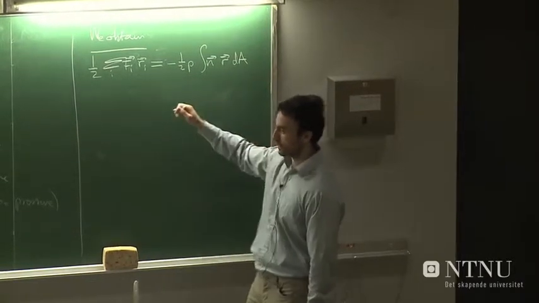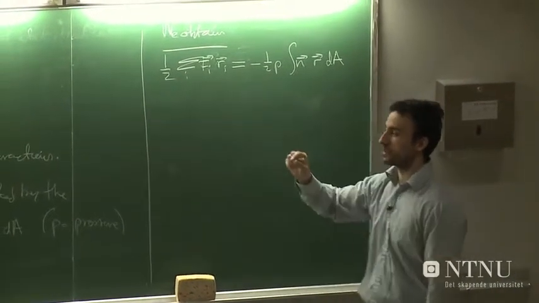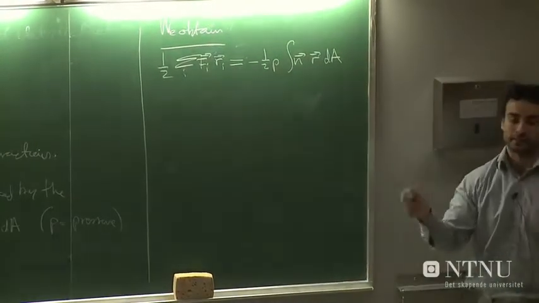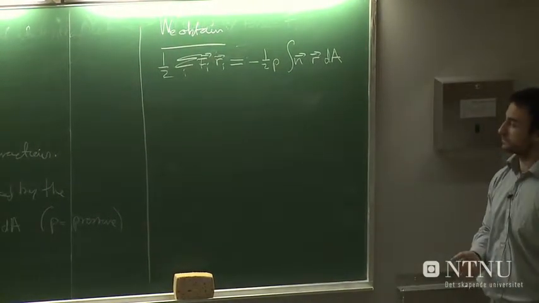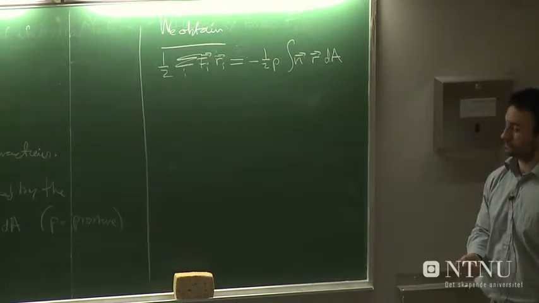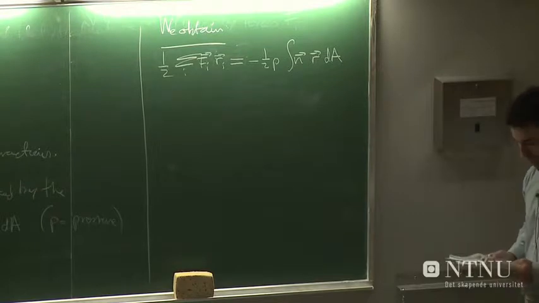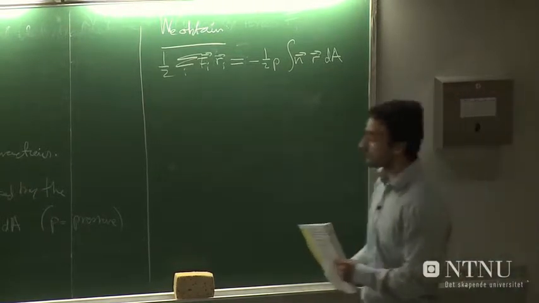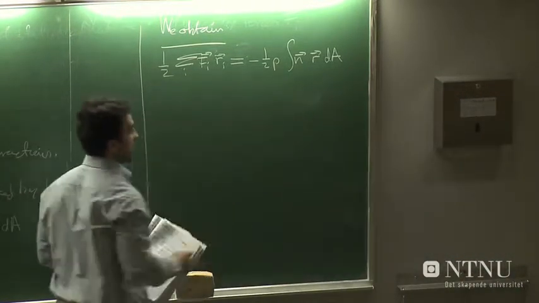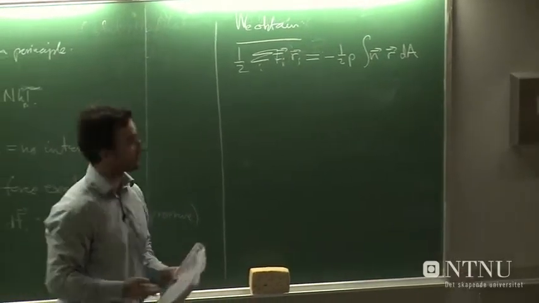So we're basically assuming here that this sum can be turned into an integral. All right? Now, this part can be mathematically rewritten.